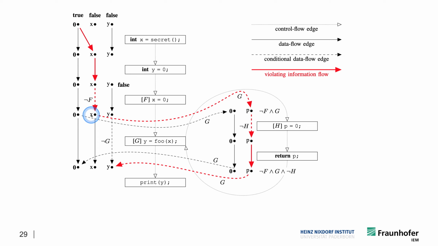Now we have a procedure call, but this call is guarded by a feature G. So like I showed you, this call edge is also annotated with G, and the same for this call edge here. Here we have a statement that again overrides P, but only in the case that H is enabled.